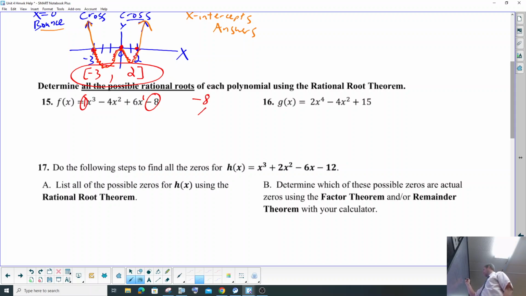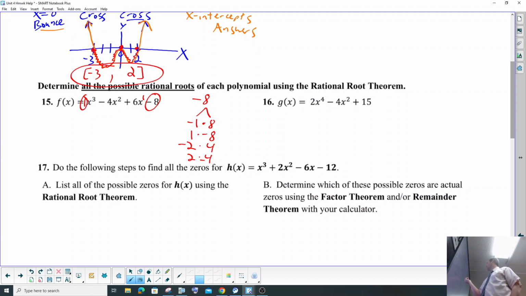Well, negative 8 could be a negative 1 times 8, or it could be a positive 1 times negative 8. We could also have a 2 times 4, where the 2 is negative and the 4 is negative. So those are all the possible ones, and then you divide them all by 1.